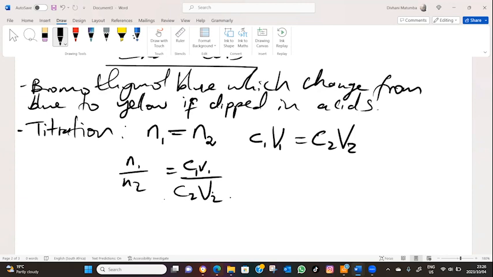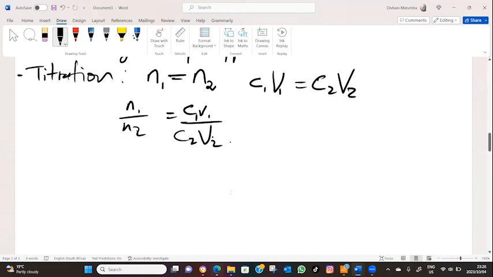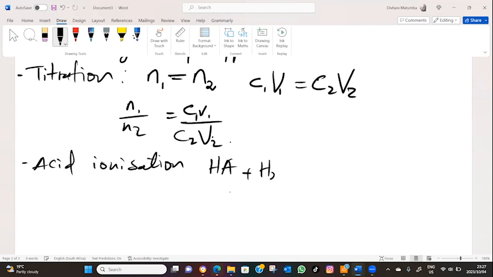Now, let us look at the ionization of acid. The ionization of acid takes place as follows. Your acid plus water.